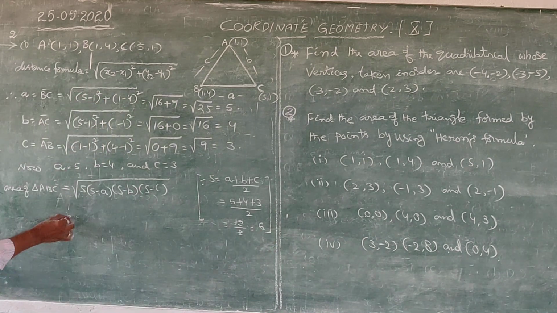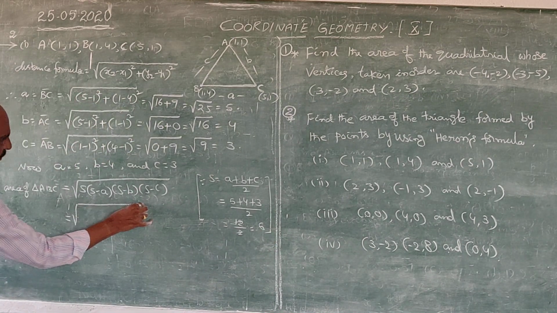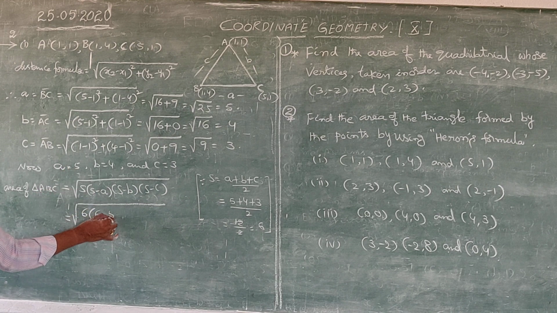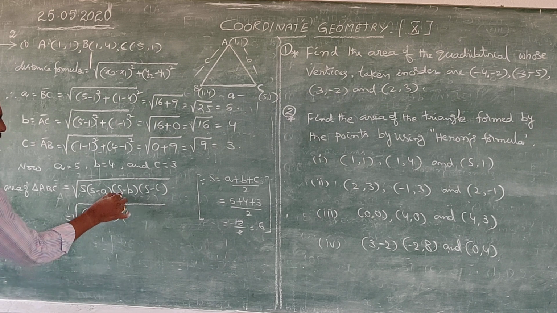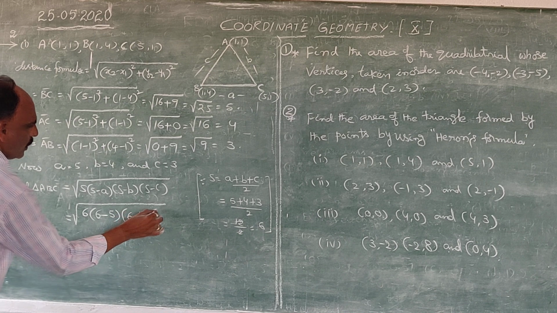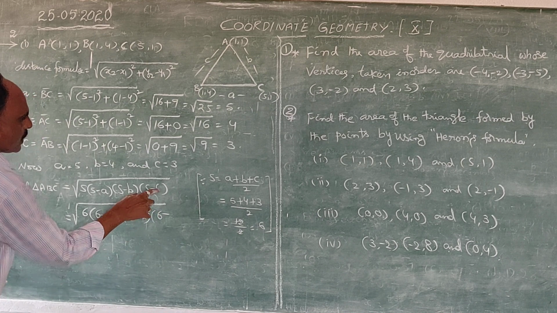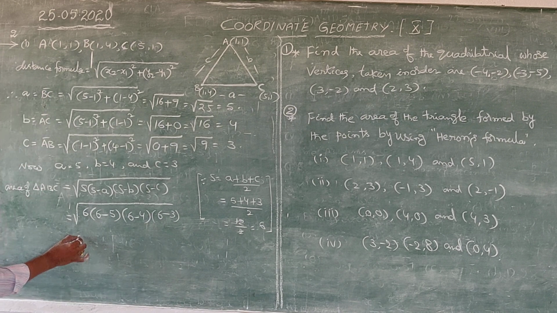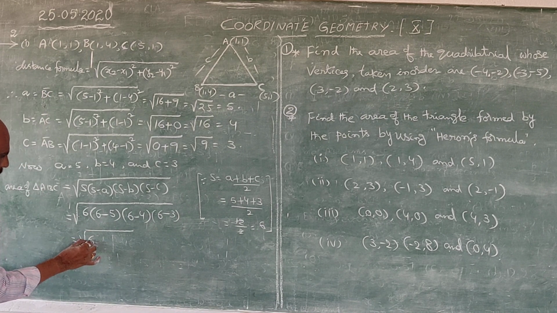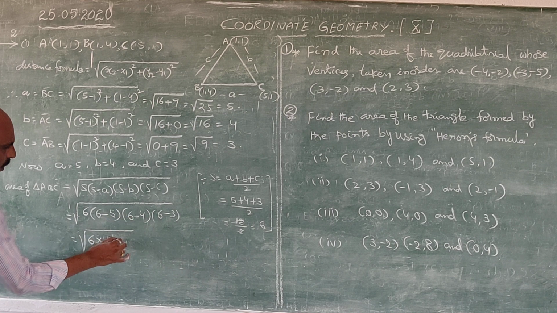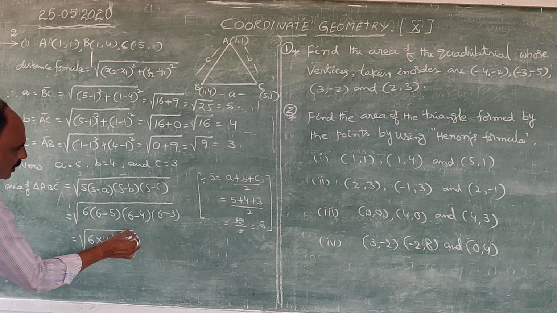So substitute the values: square root of s, 6, into (6 minus a, 5), into (6 minus b, 4), into (6 minus c, 3). That is equal to the square root of 6 into 1, into 6 minus 4 is 2, into 6 minus 3 is 3.